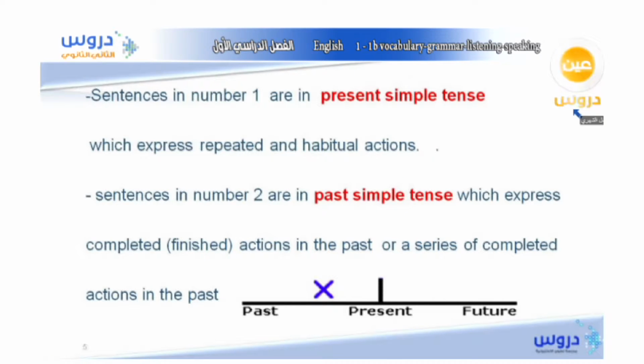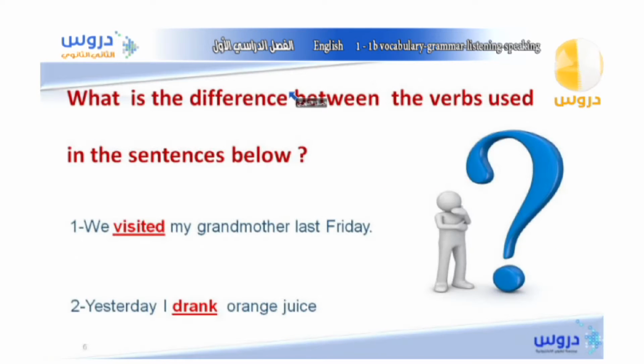Alright. I hope you can hear me well. Anyway, you can ask if you have any questions. Now, what are the differences between the verbs used in the sentences below? We visited my grandmother last Friday. Yesterday I drank orange juice. So please tell me, where are the verbs now?